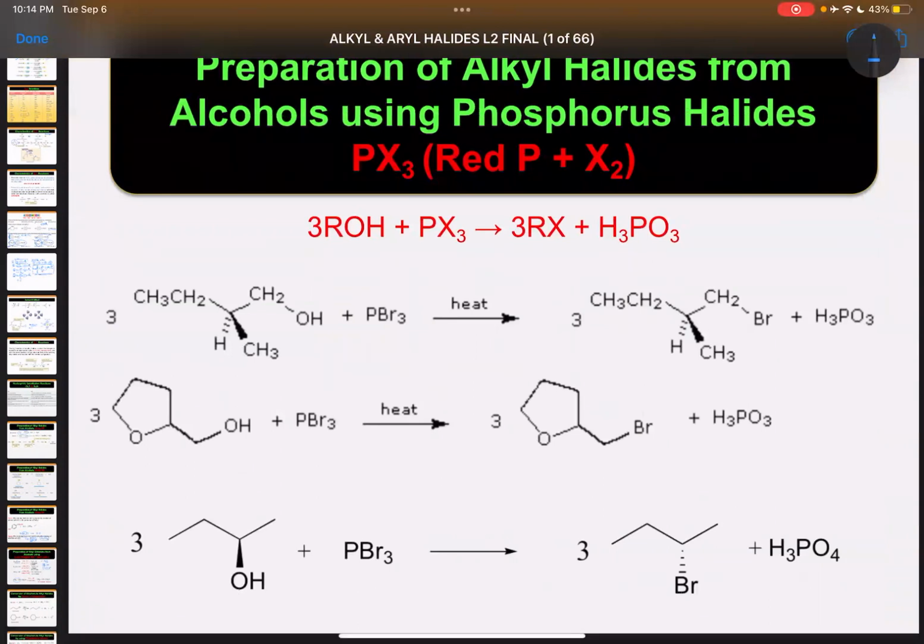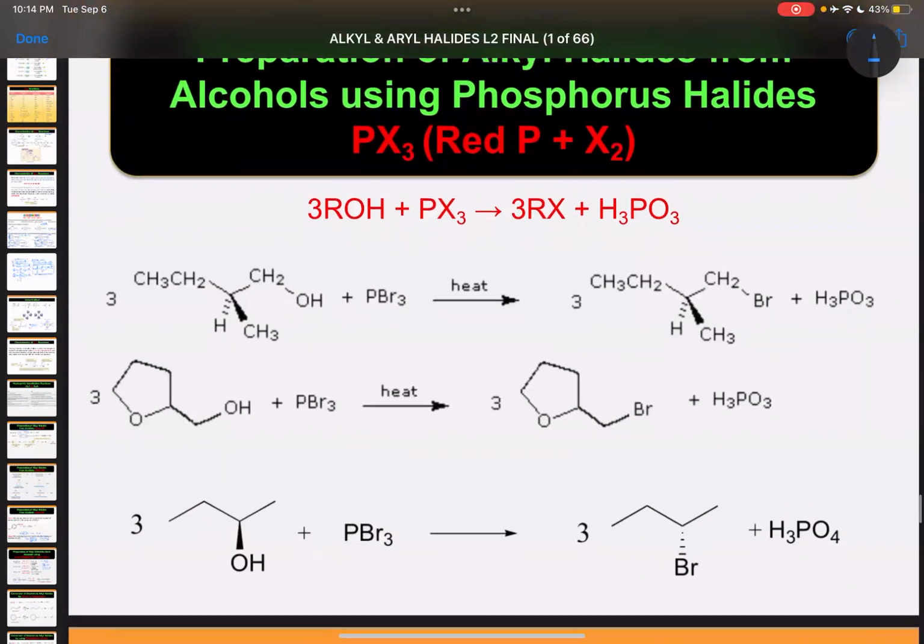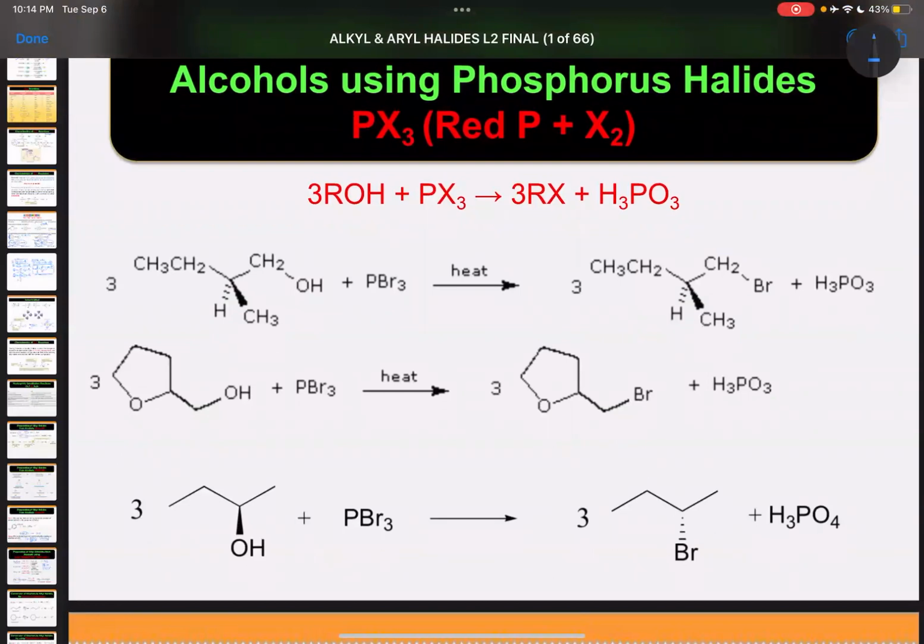They are not for phenol. They are only for aliphatic alcohols. Is it clear? Yes, sir. But with the phosphorus halide, the mechanism is SN2. So you can see that there is an inversion of configuration.